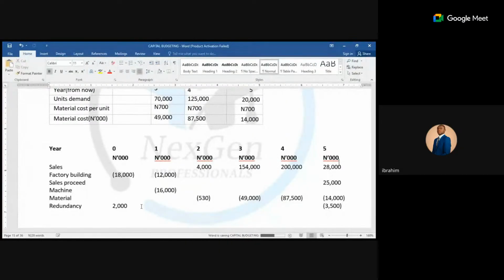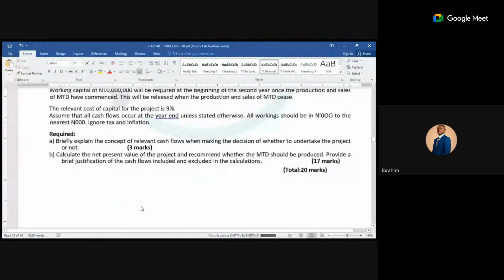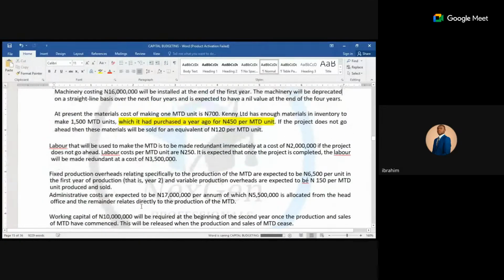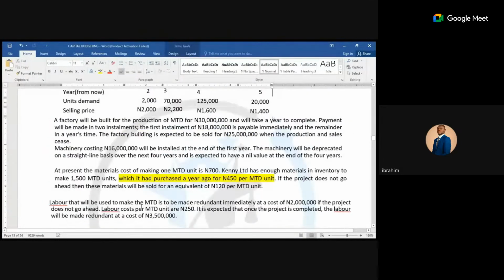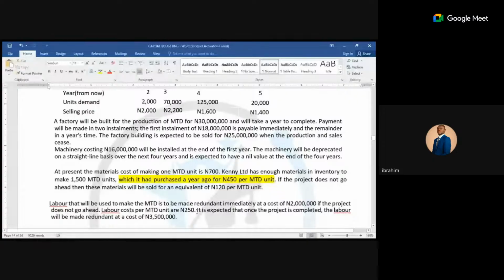They have to pay the 3.5. Then the 250 is per unit. So we'll have 250 times 2,000, 250 times 70,000, 250 times 125, and 250 times 20.